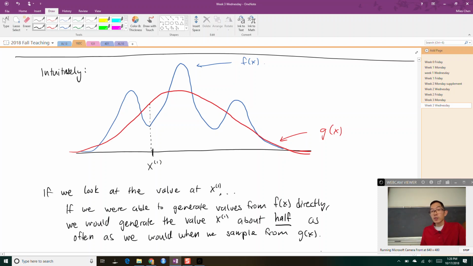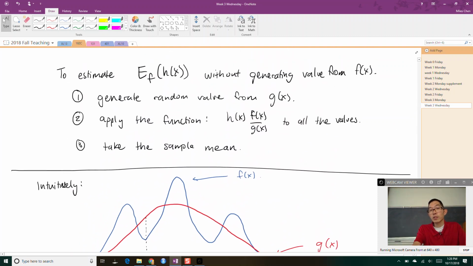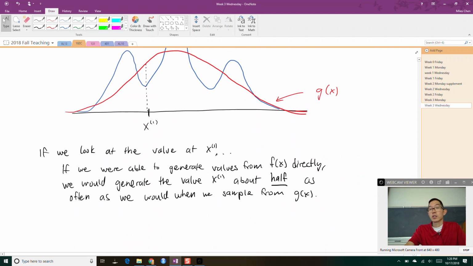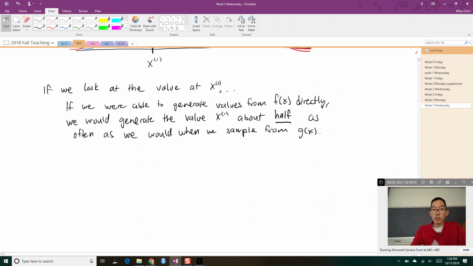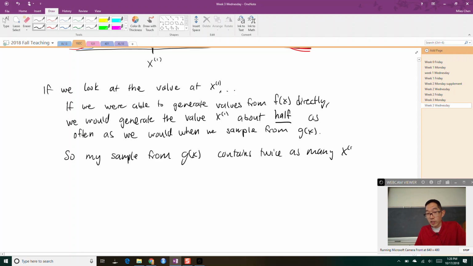So to calculate the expected value under f rather than g, I weight those values by the ratio f divided by g. My sample from g of x contains twice as many x1s as it should.